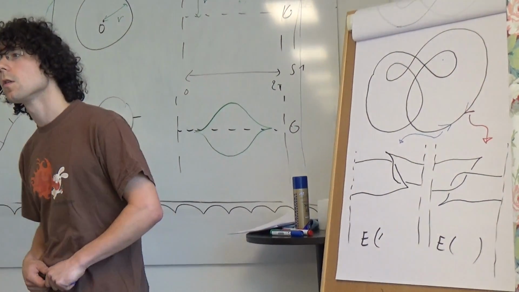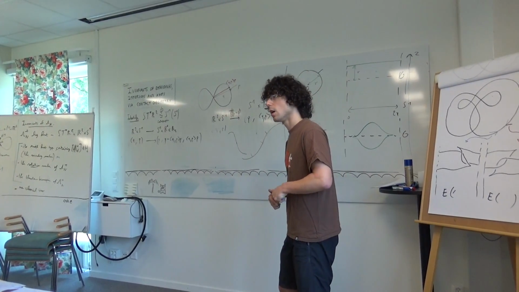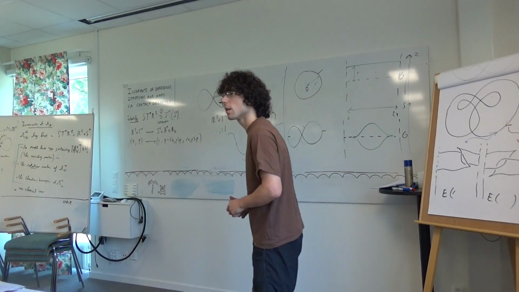You can define a conormal for something with a cusp in the projection, right? Yeah, you can.